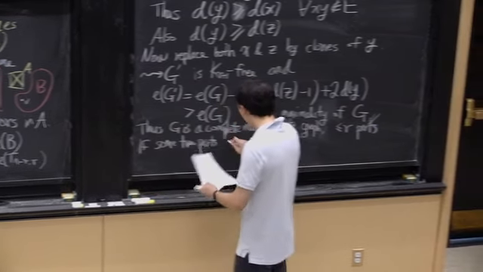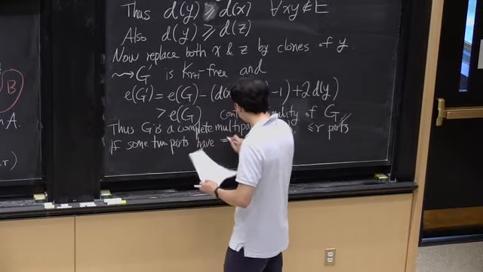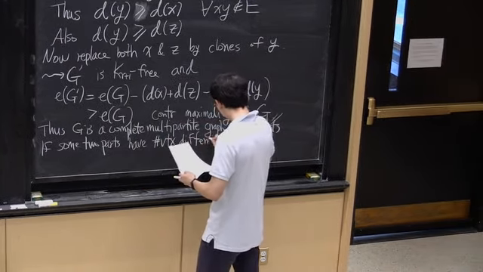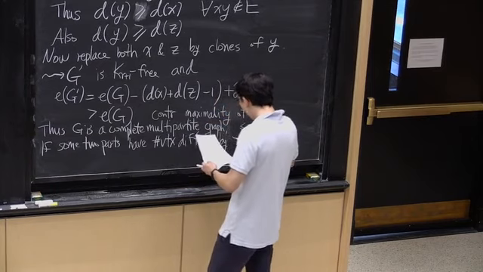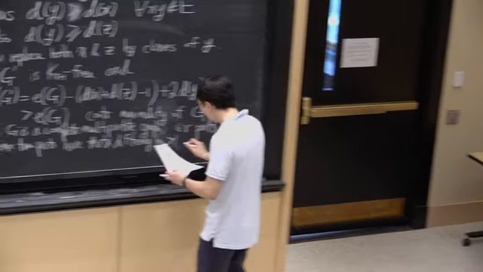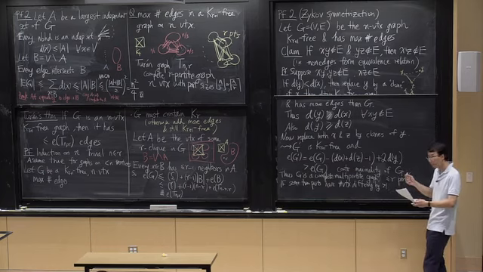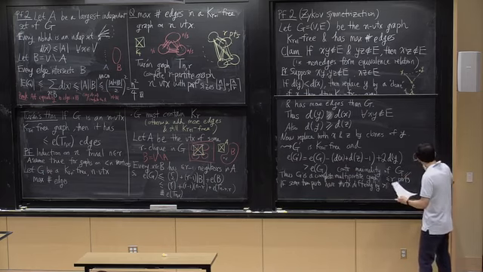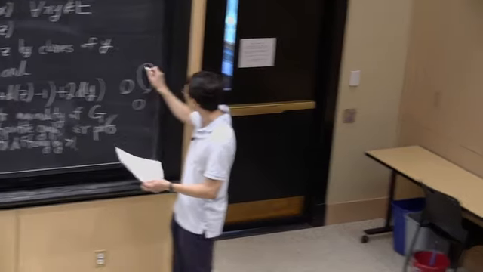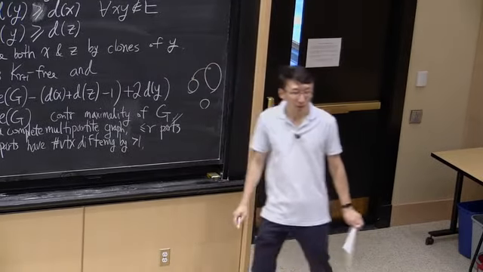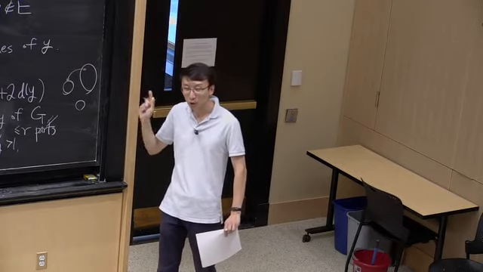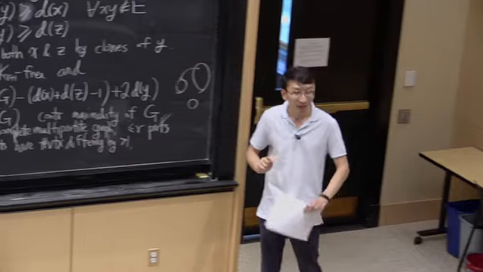If some 2 parts have numbers of vertices differing by more than 1, so if it had one part much bigger than the other part, you can imagine moving one vertex from one part to the other part, and you should convince yourself that this operation should strictly increase the number of edges.